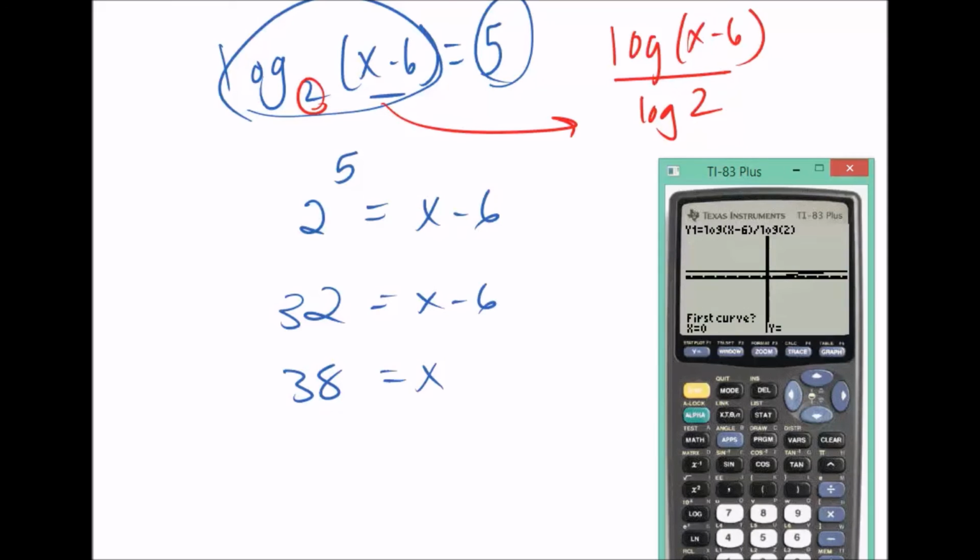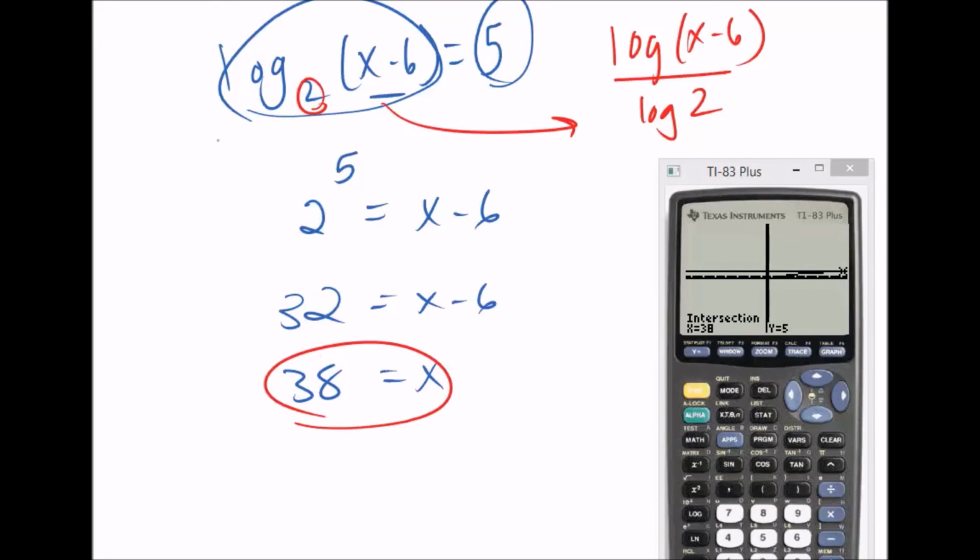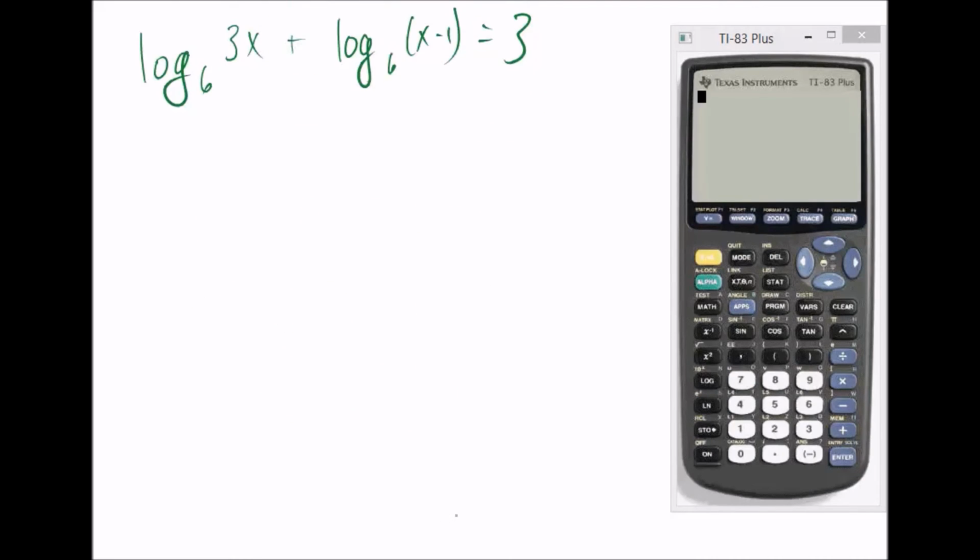The first curve, notice how it says x equals 0, y equals nothing, so we need to press right until we hit that line. And the intersection is 38, which is what we found. So for a problem like this, it's much easier just to do it algebraically, but you can use your calculator as well.